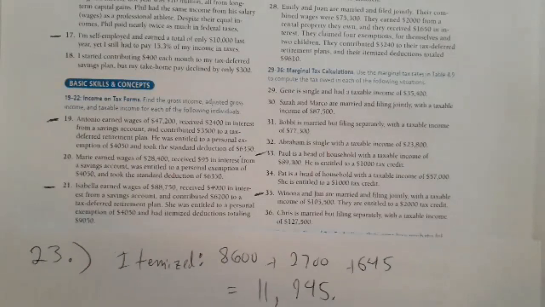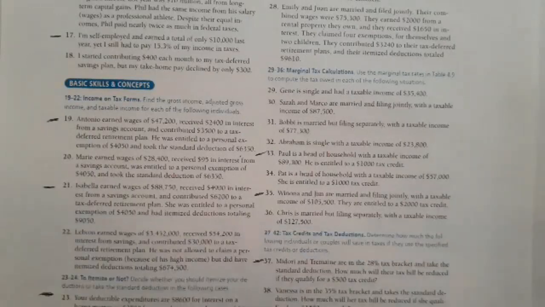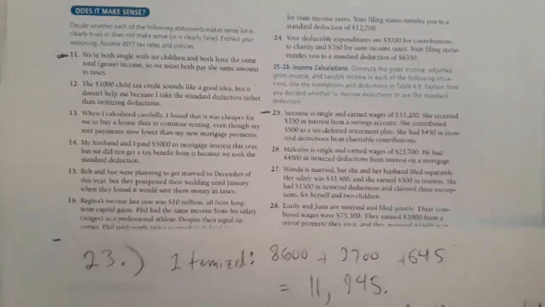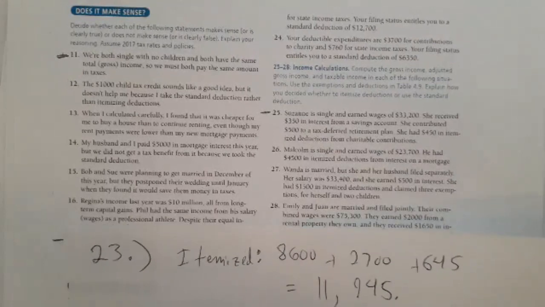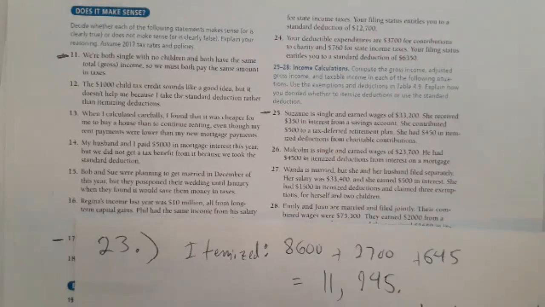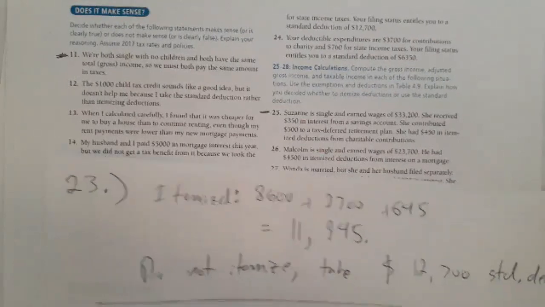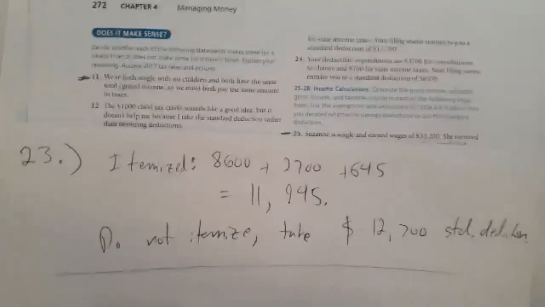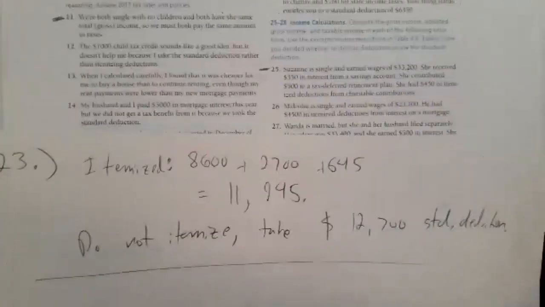If I'm looking at 11,945 and comparing it to the 12,700, which one am I going to take? I hope everyone takes the standard deduction because you're going to get more. So don't itemize, take that 12,700.